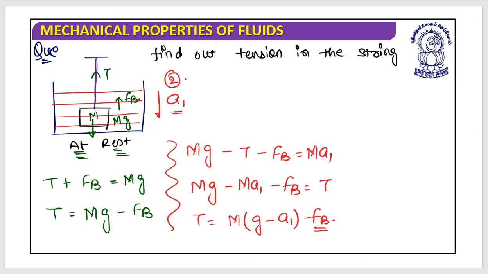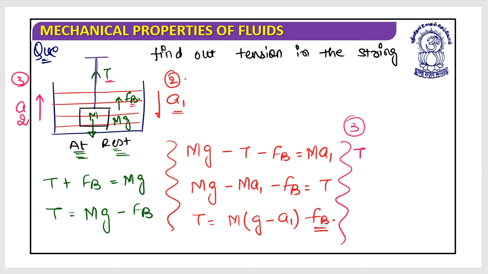Great. Now let's move this in the upward direction with acceleration a2, and this is my third question. What will be the situation now? As this container is moving in the upward direction, the forces acting in the upward direction would be higher as compared to mg.